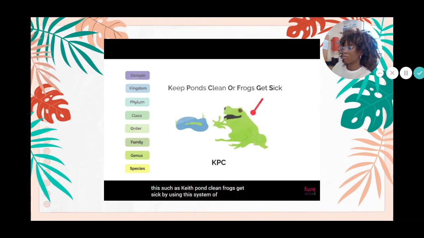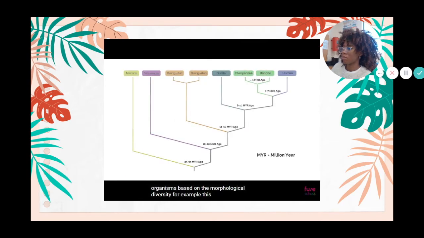By using this system of common groupings, we can develop diagrams that show the interrelatedness of organisms based on their morphological diversity. For example, this diagram of a taxonomic tree shows that humans are more closely related to chimpanzees than they are to gorillas. A common ancestor is represented by each split in the branches of the taxonomic tree. How long ago did humans and gorillas diverge from an evolutionary perspective?